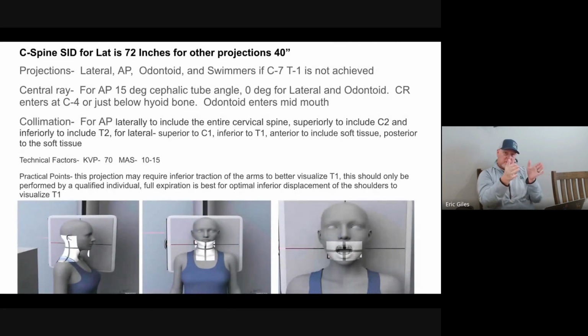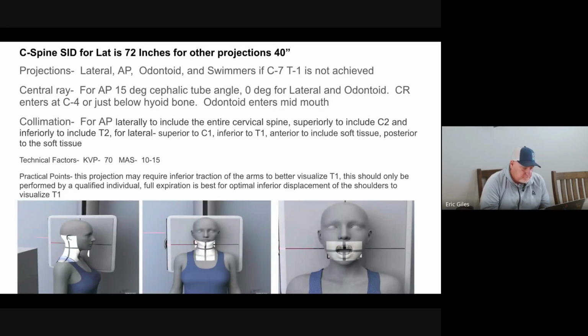We don't want any rotation either way, because the dens, the part of C2 that comes up through C1, we want to be able to see that entirely. So we don't want to superimpose that with the occipital bone or the upper teeth. It's kind of a fine line right there, and you'll get to the point where you'll get it every time.